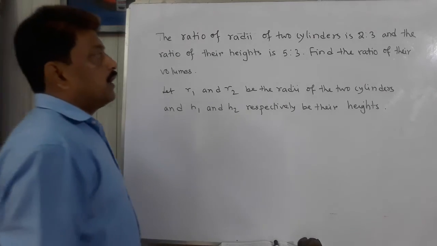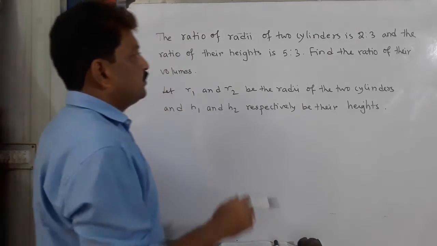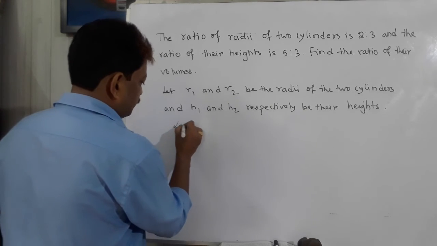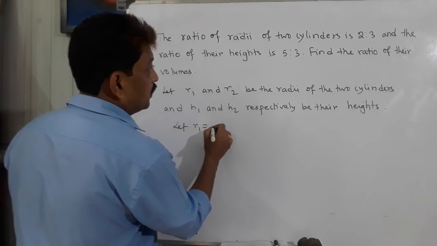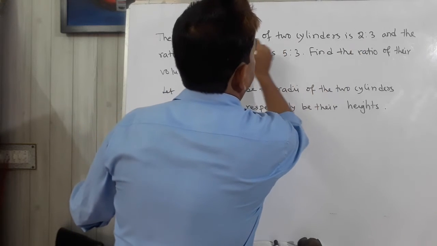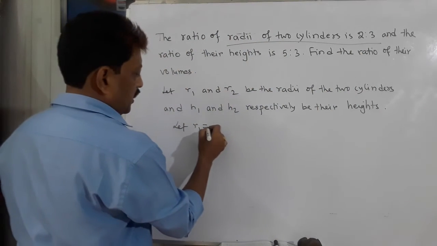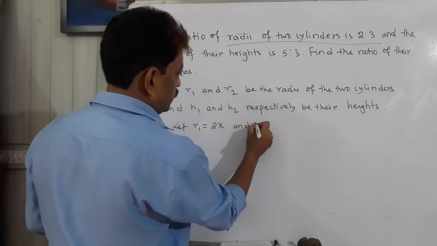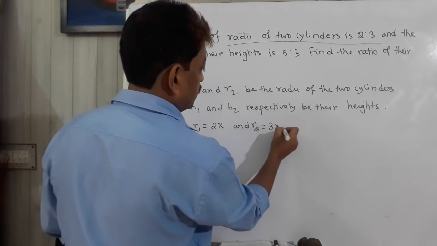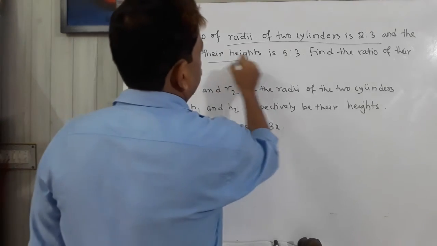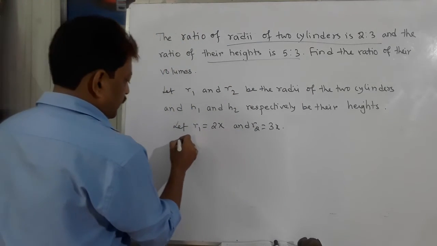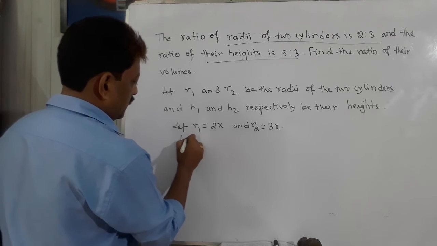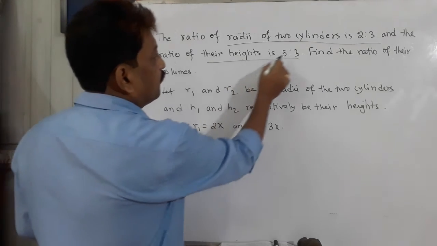Since the radii are given in terms of ratio and the heights are also given in terms of ratio, let the ratio of their radii be 2:3, so let R1 be 2x and R2 be 3x. Similarly, the ratio of heights is 5:3.